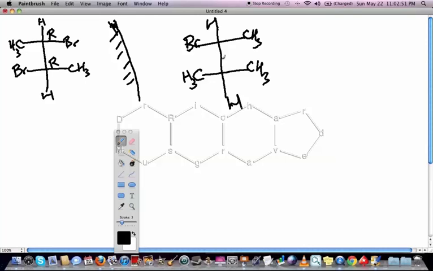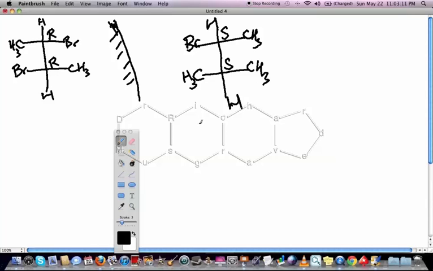And to get the stereochemistries, it's always just going to be the opposite of what it was before. So the mirror image is just going to have the exact opposite designations on the chiral centers. So that's the enantiomer right there.